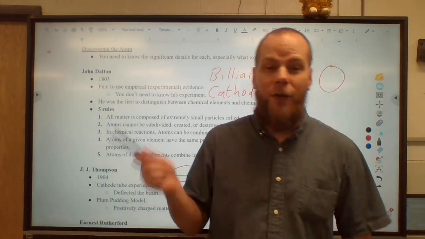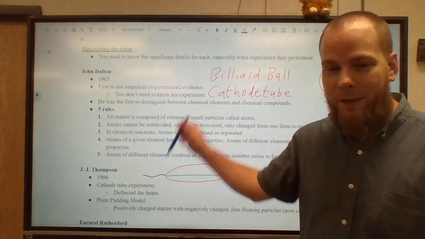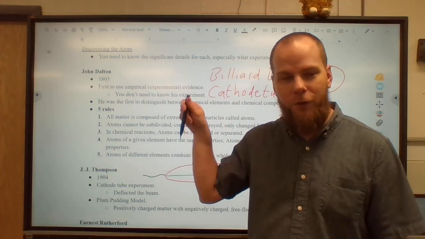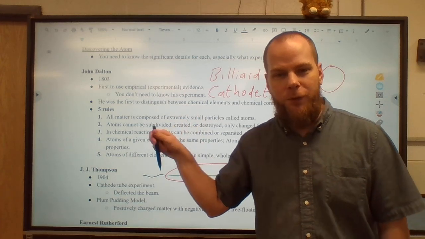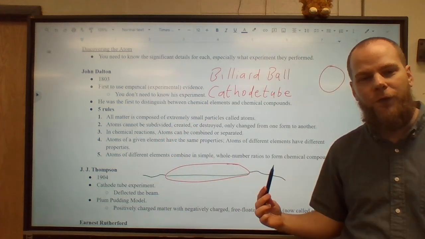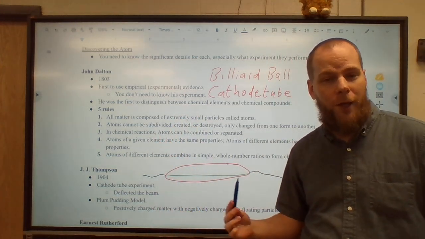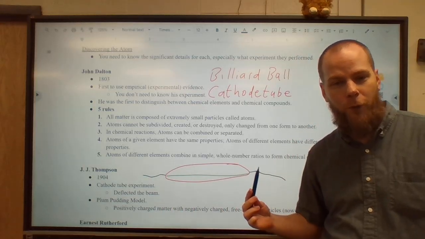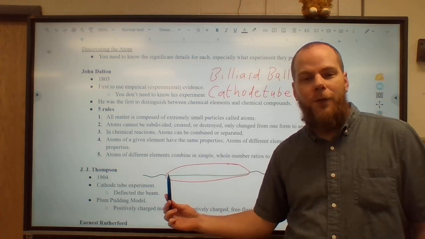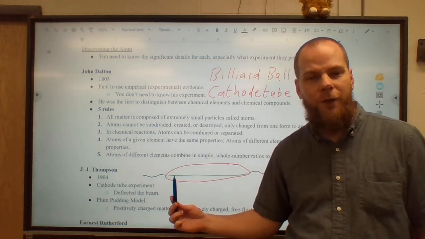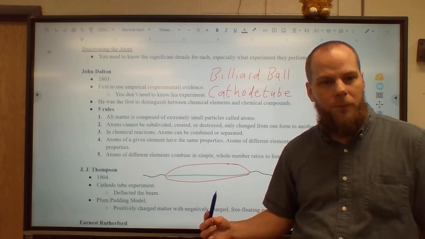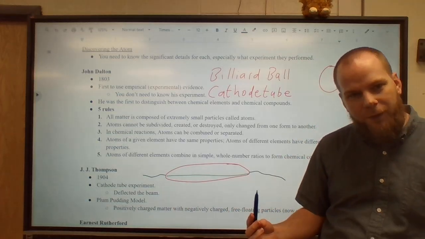But in this case, it worked out really well because Thomson noticed that the beam of light, which is supposed to go straight across this tube, I'm not good at drawing these, but this is supposed to be like a uniform tube, okay, that the light, instead of going straight across from one wire to the other, bent. It was deflected slightly.